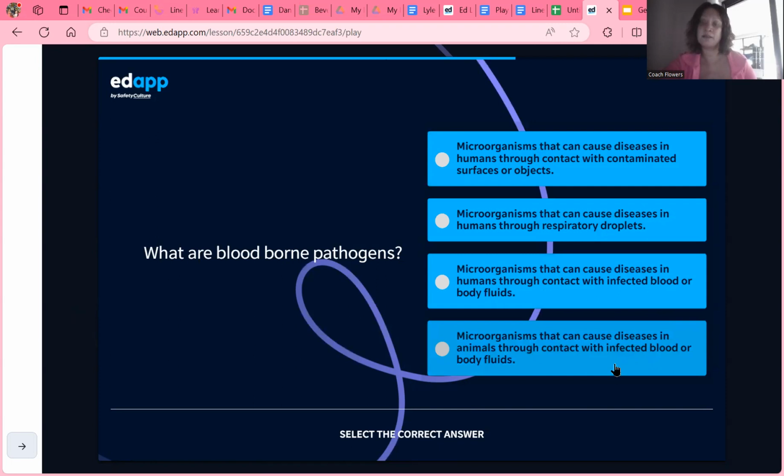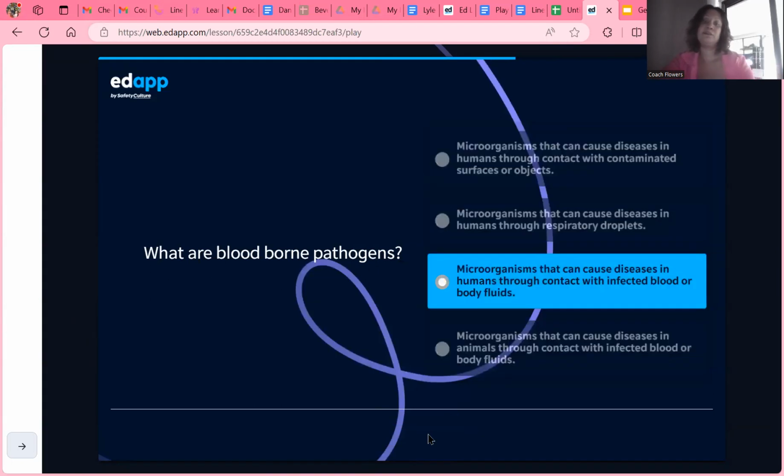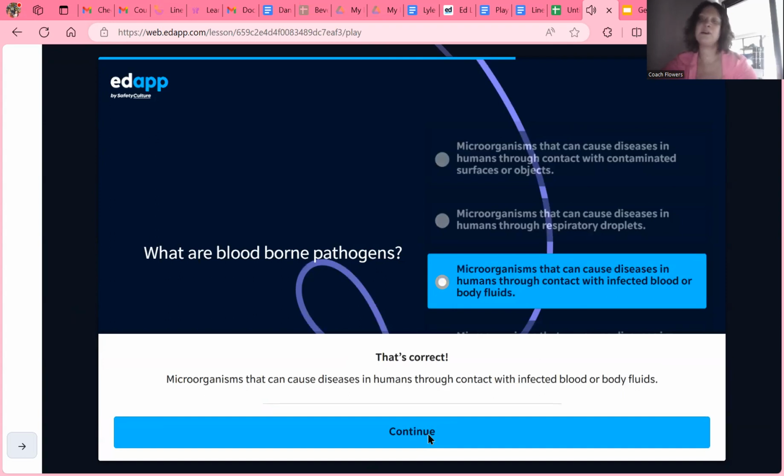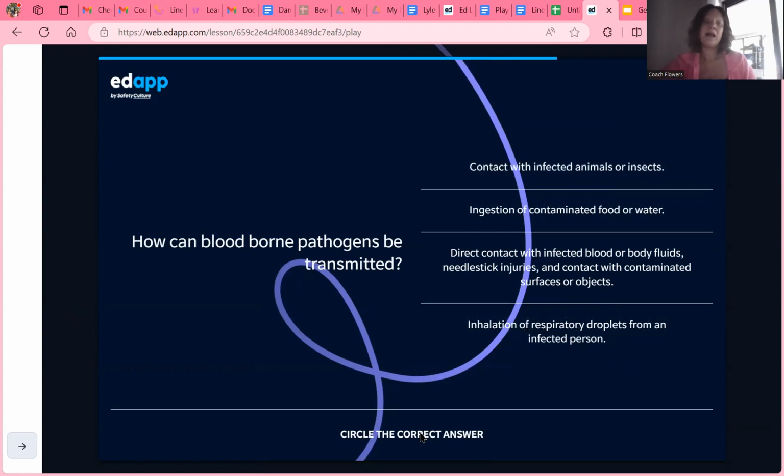D, microorganisms that can cause diseases in animals through contact with infected blood or bodily fluids. If you said C, microorganisms that can cause diseases in humans through contact with infected blood or bodily fluids, you are correct.